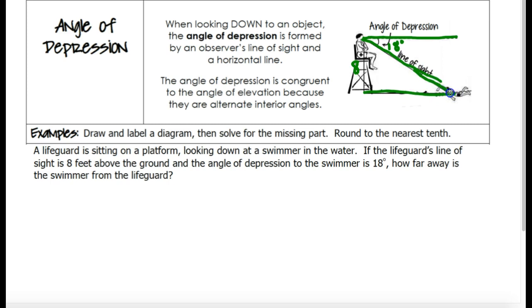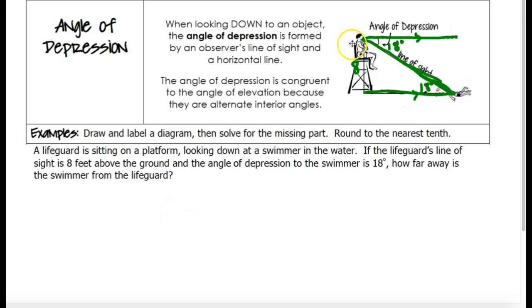Your line of sight is parallel with the ground, right? If you were to look straight out, that's parallel with the ground. Since these two lines are parallel, this angle right here and this angle right here are alternate interior angles. That means that they are congruent.